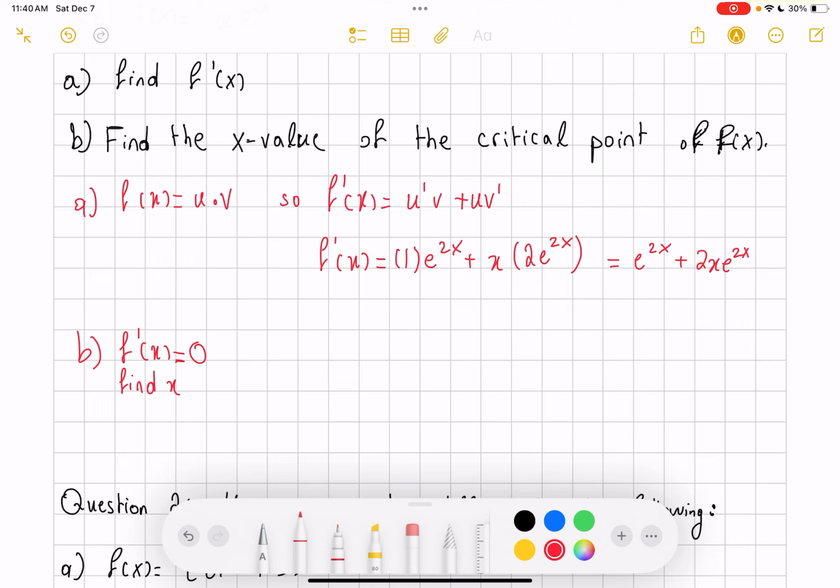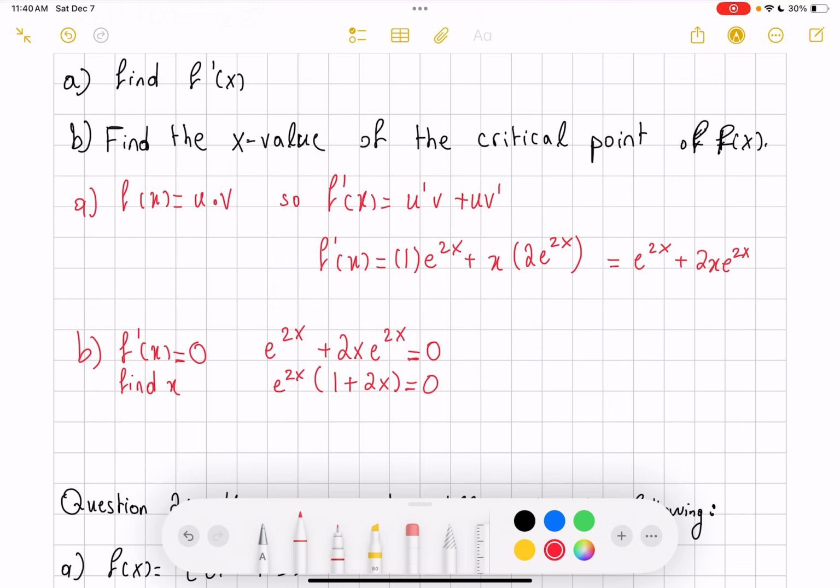So basically, we need to set e to the power of 2x plus 2x e to the power of 2x equals 0. So now we can take e to the power of 2x as a common factor, and then you will have 1 plus 2x inside equals 0. How do we factorize it?